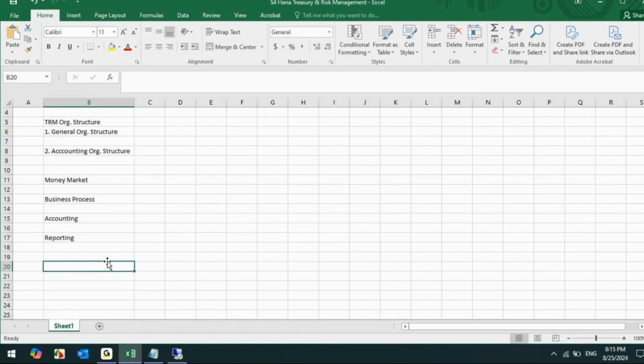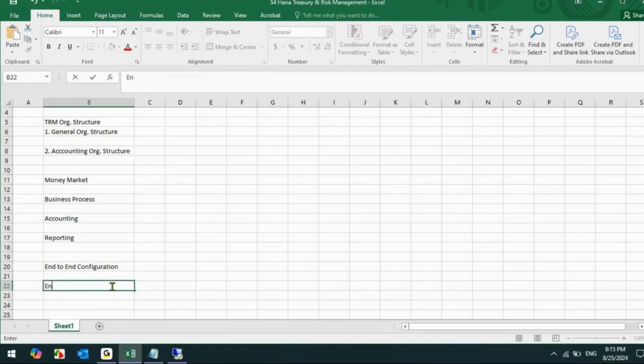So after doing these things, we'll start the end-to-end configurations, and after the end-to-end configuration, we'll understand the end-to-end end user activities.